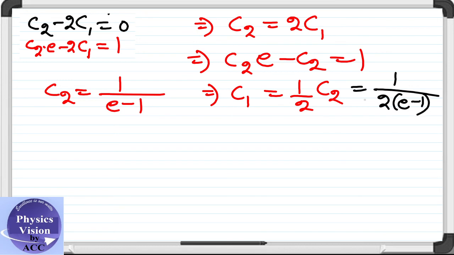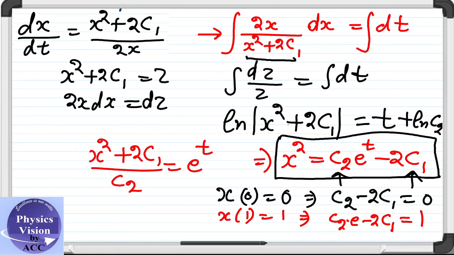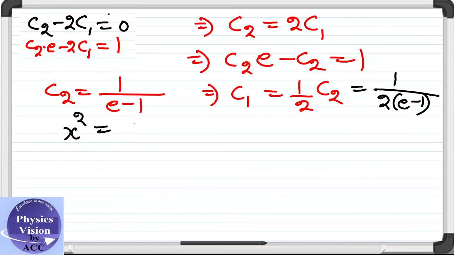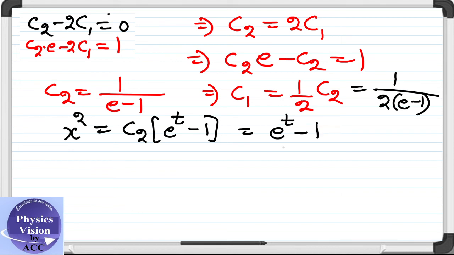Now we will substitute the values of these two constants in x square. x square was equal to c2 e raised to t minus 2c1, that is c2. So x square is equal to c2 times e raised to t minus 1. Now c2 is given by 1 by e minus 1.